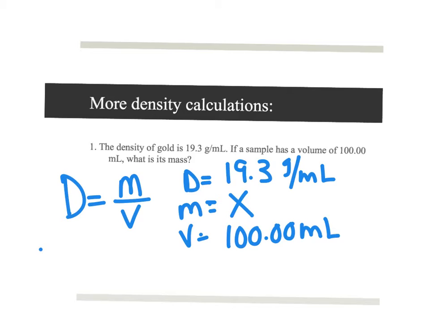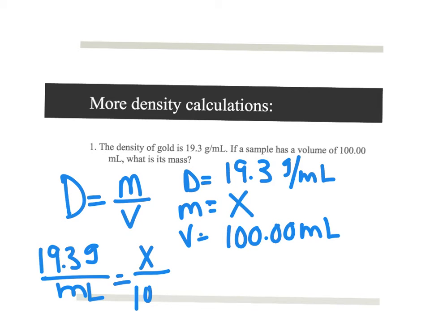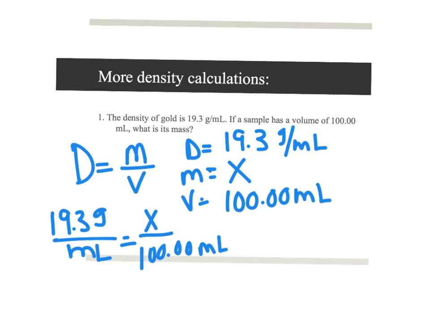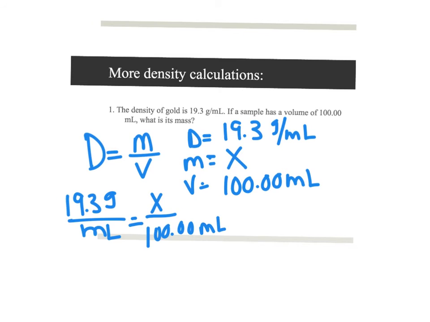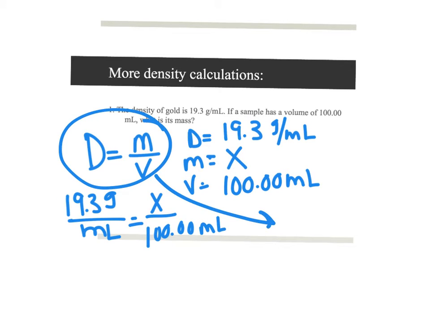So if I set this up, I have 19.3 grams over milliliters equals x over 100 milliliters, and then I can solve. Or what I can do is manipulate my density equals mass over volume to start, so I don't have to do any funky math.